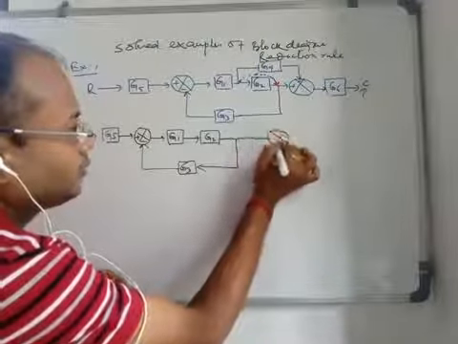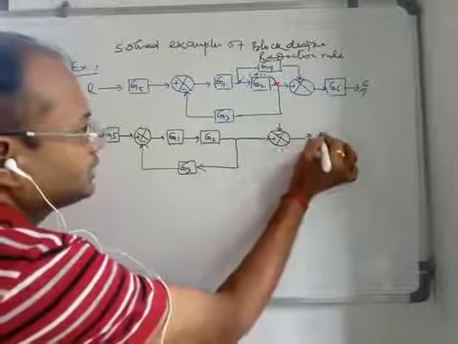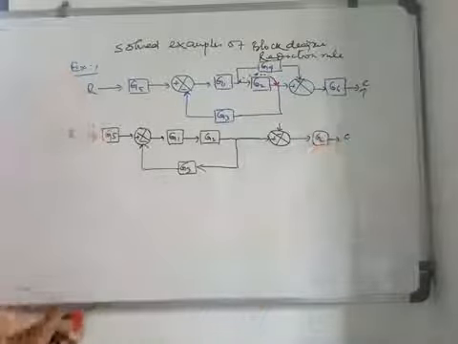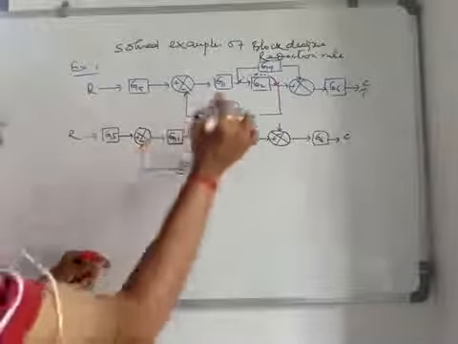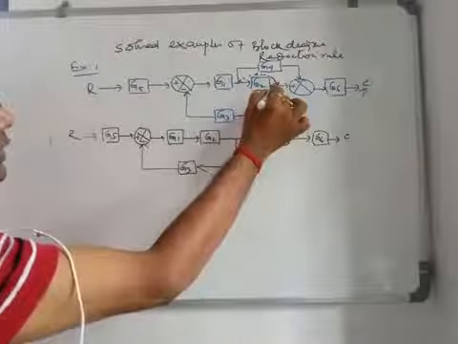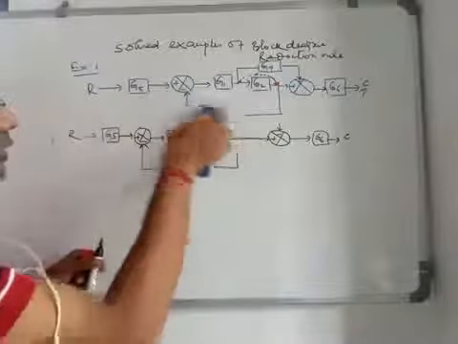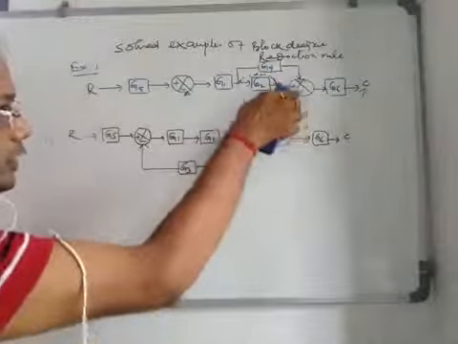This is your plus minus, this is your G6, and this is your output C. So you have to shift this point to these positions, right? Already I have drawn it, so this is of no use now.